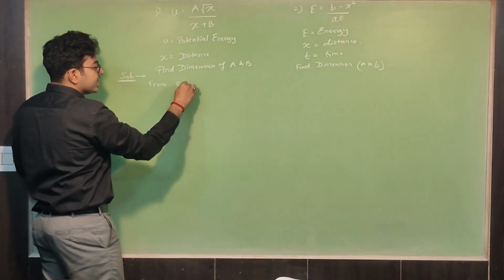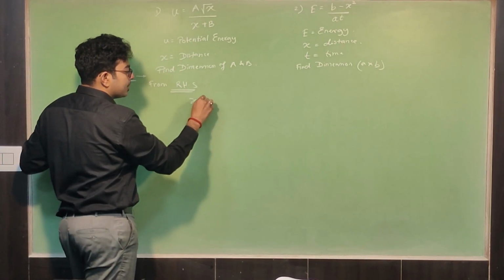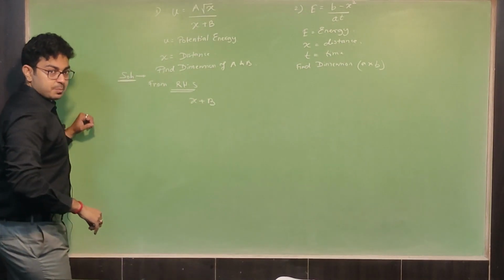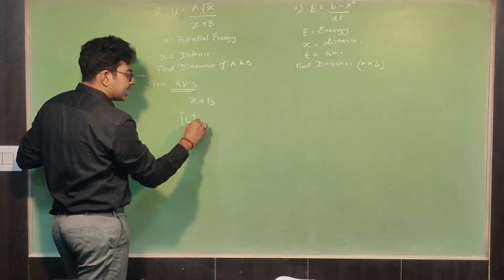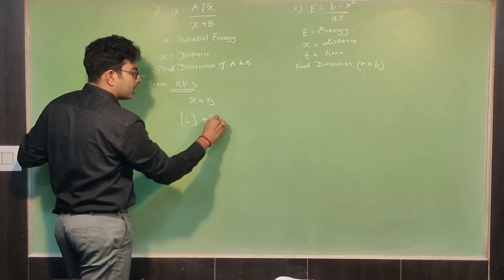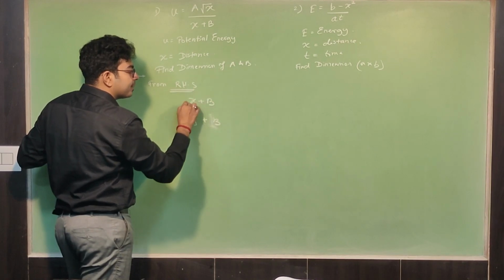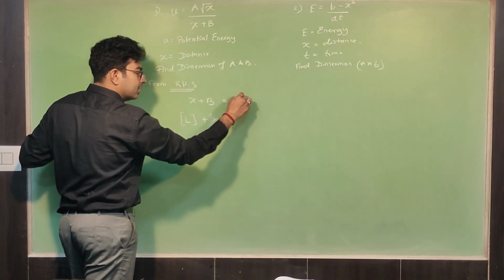From RHS we can see x plus b, right? In the RHS part we can see x plus b. What is the dimension of x? L. Therefore, what is the dimension of b? We do not know. So when this is added, this should be what? Dimension of length only.